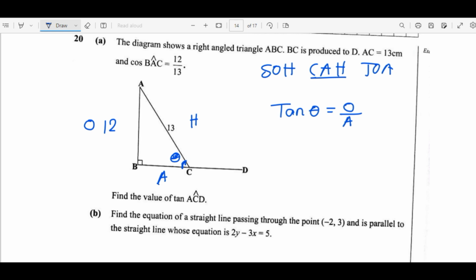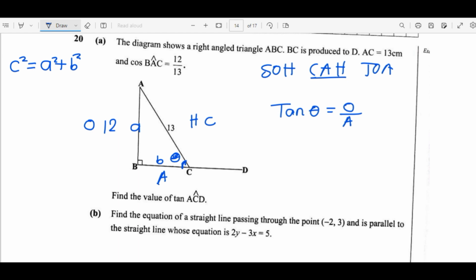Now, this will require us to use Pythagoras theorem. How can we use Pythagoras? For Pythagoras, we are going to use letters. We'll say this distance is A, this one is B, this one is C. So the formula for Pythagoras is C squared is equal to A squared plus B squared.